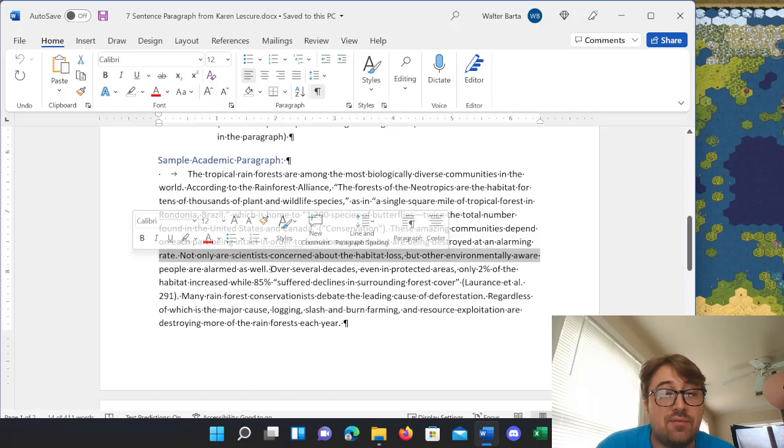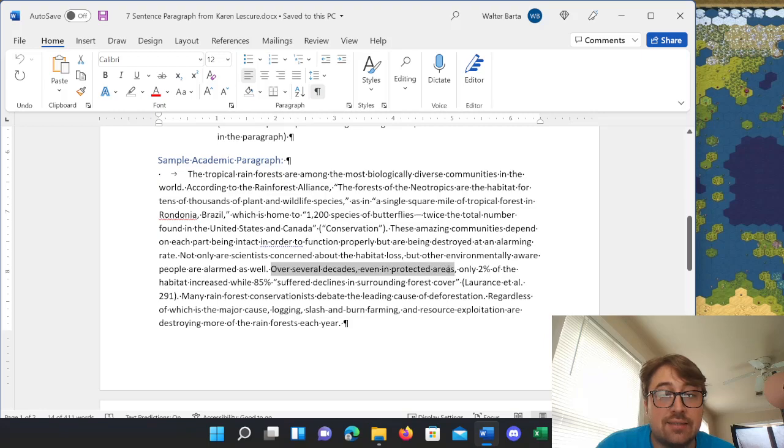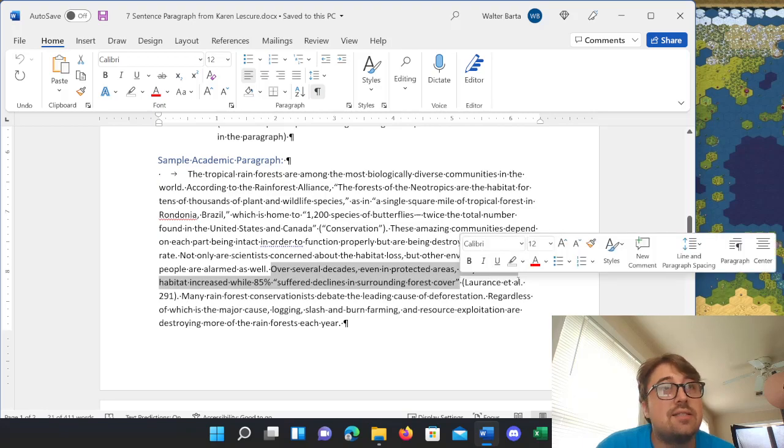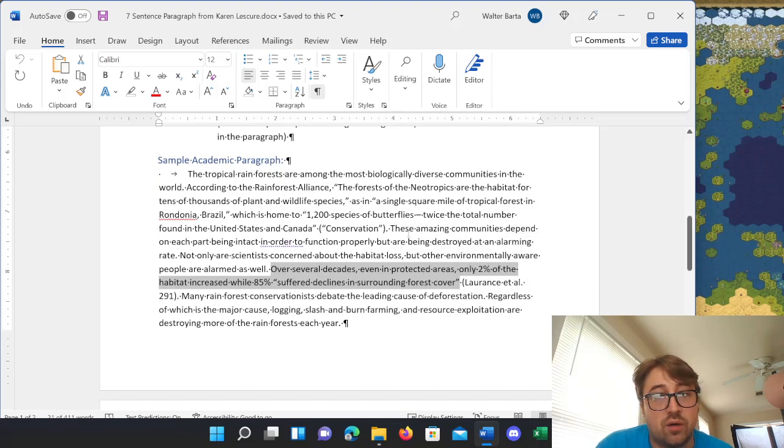Now here we have a second supporting detail, a bit of evidence to add. Over several decades, even in protected areas, only 2% of the habitat increased, while 85% suffered declines in surrounding forest cover.